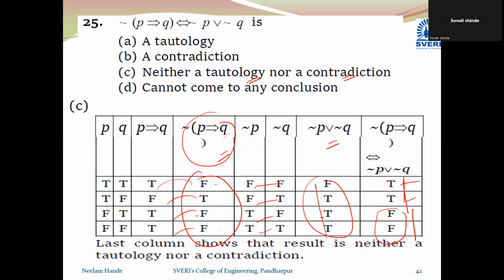In implication, T implies F is the only F, all others are T. And in double implication, only when both statements are similar are they true: TT and FF are true, all other are false. Remember this, and all the questions depend on them only.